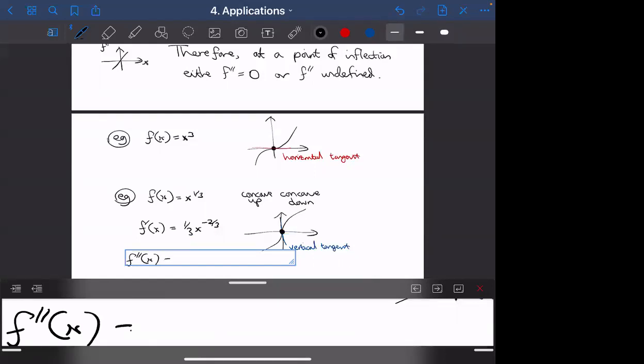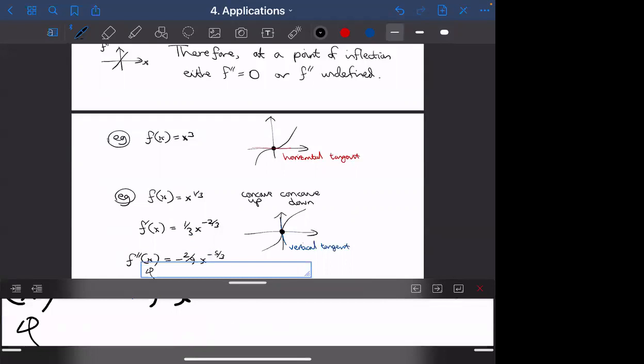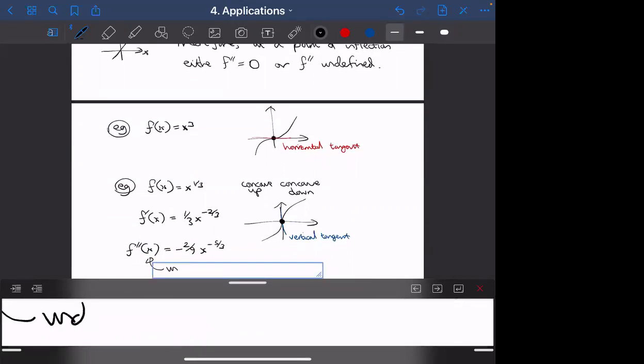And f prime prime x, when I repeat the differentiation, I get minus 2 over 9 x to the minus 5 over 3. So this is also undefined at x equals 0. But it goes from positive to negative as I cross 0. So that's why we have a point of inflection there.